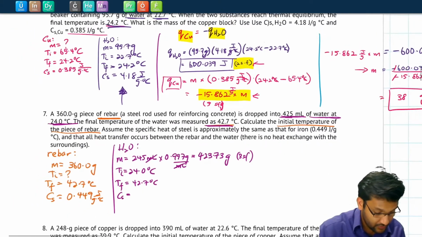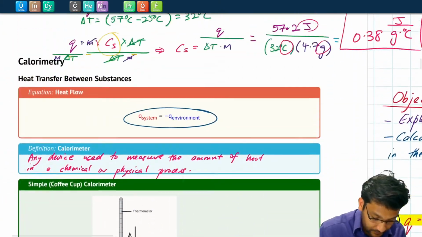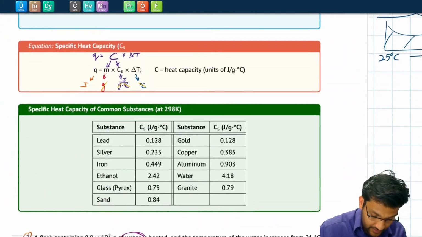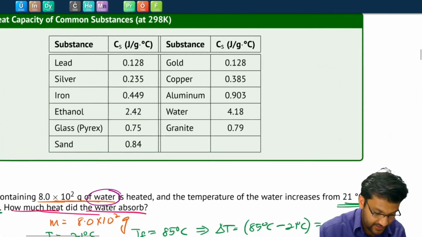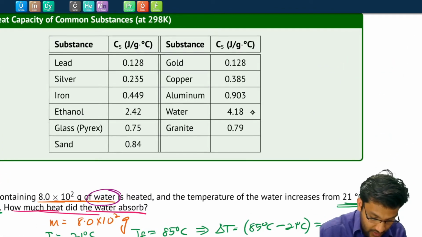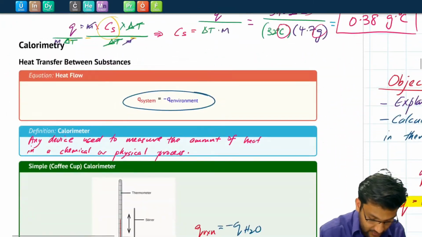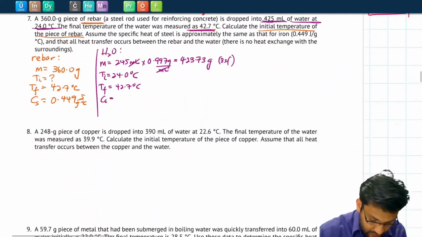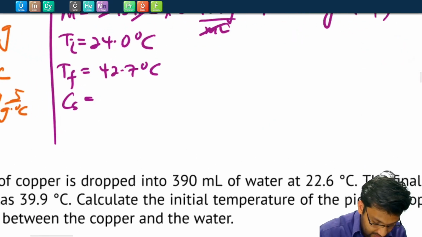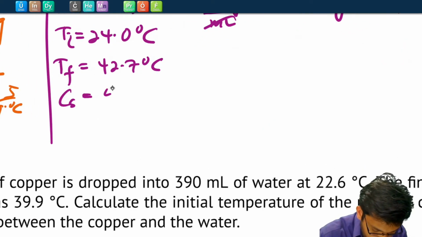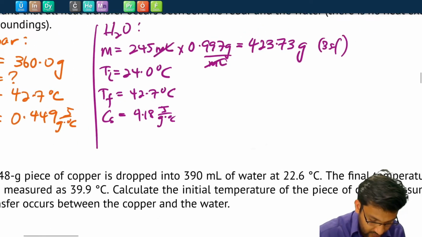Or if you don't know what it is, we go up to the table, all the way up here, that has specific heat capacities of various materials. Water is 4.18, yep, here we are. Let's add that. It's 4.18 joules per gram per degree Celsius.